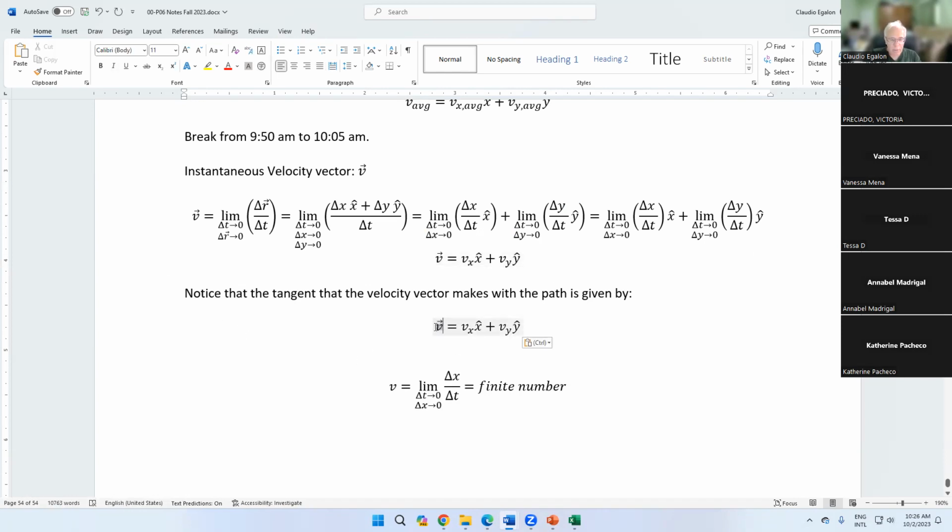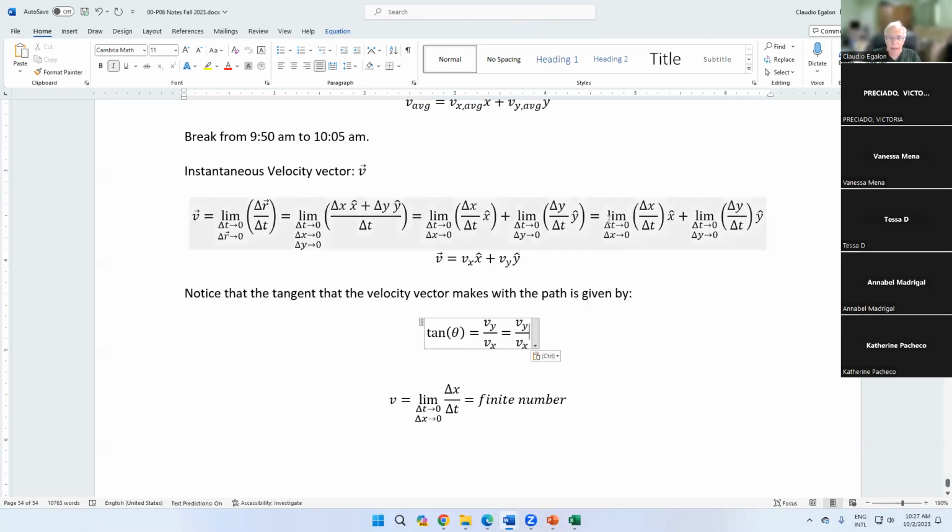tangent theta equals Vy over Vx. Right? And Vy over Vx, right?